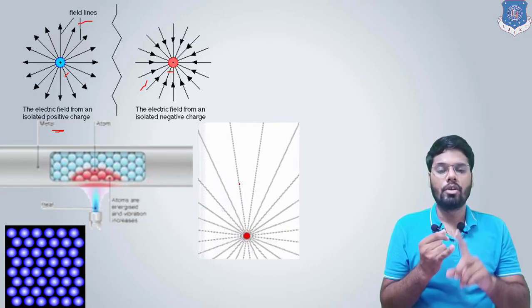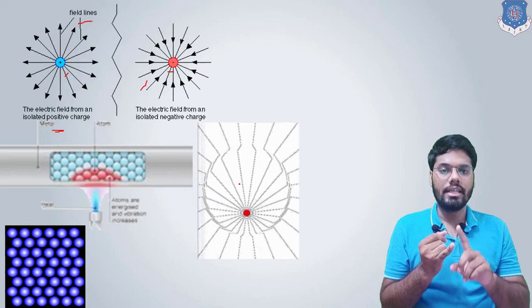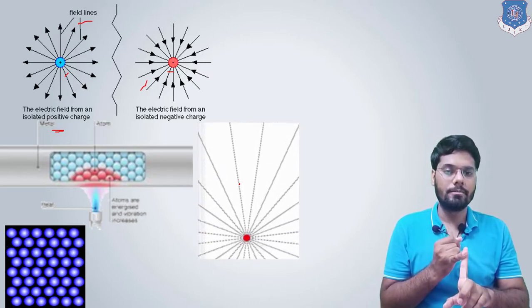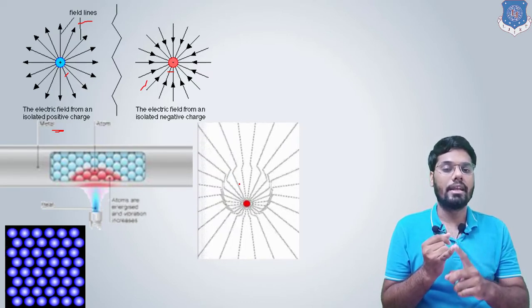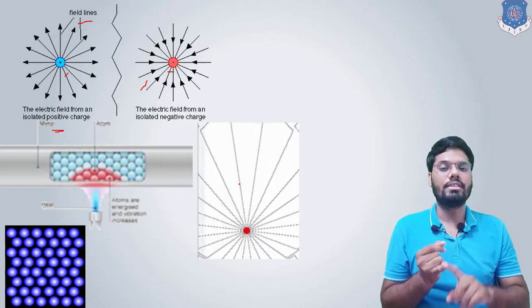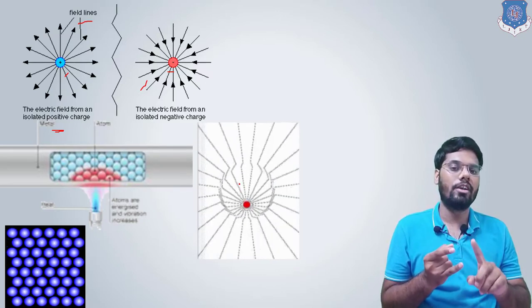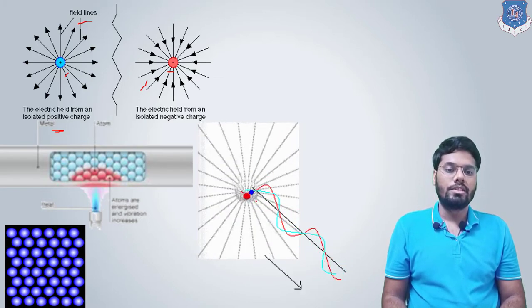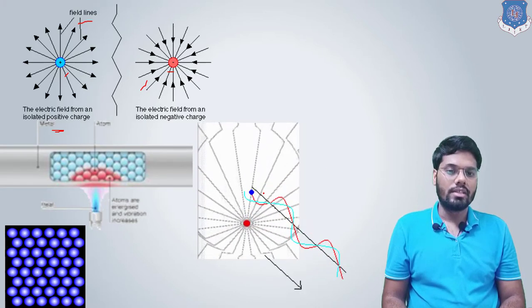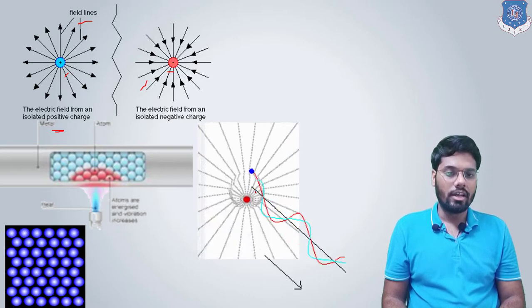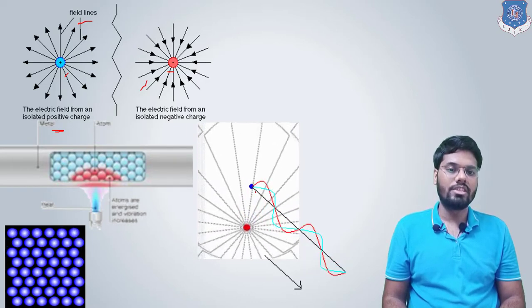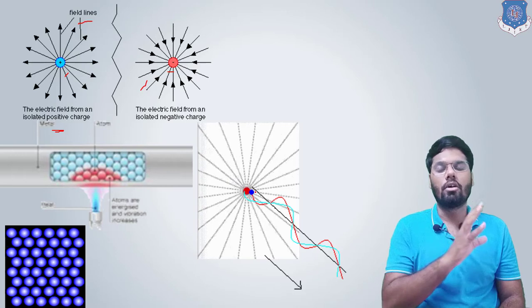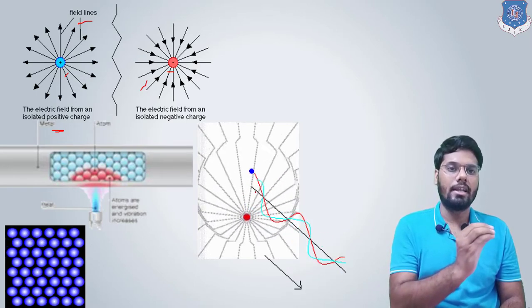I repeat, due to the change in electric field of the particle, there is a change in magnetic field also, and the change in electric field and magnetic field generates an electromagnetic wave, which looks like this. In this figure you can see the change in electric field as well as magnetic field, which is responsible for the propagation of the electromagnetic wave.